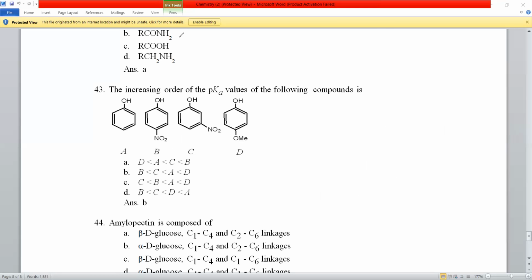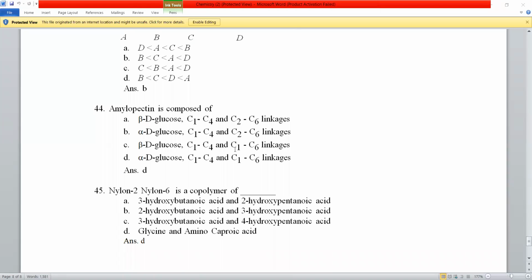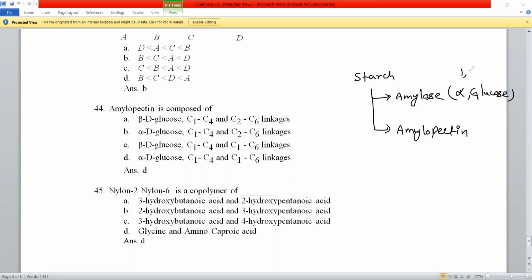Next, question number 44. Amylopectin is composed of, amylopectin is nothing but starch. Starch contains amylose as well as amylopectin. Since we know very well, amylose contains alpha-D-glucose with 1,4 connections present.